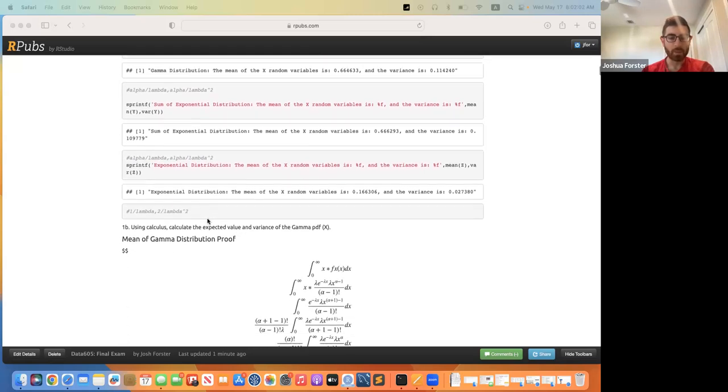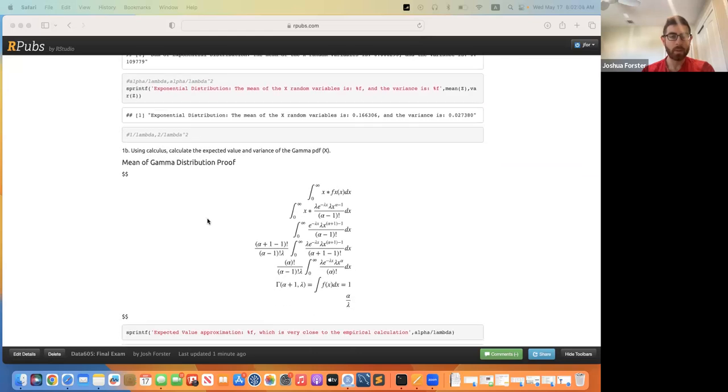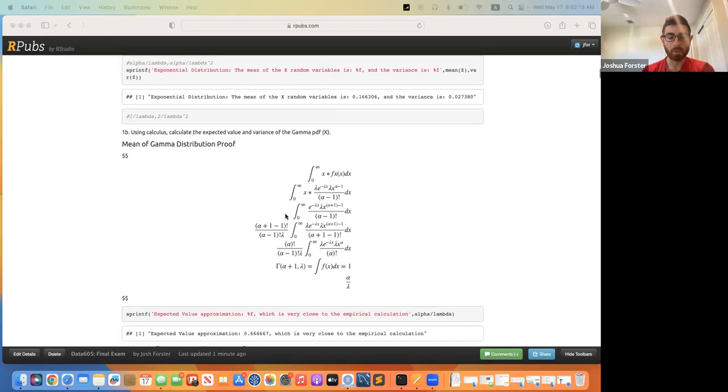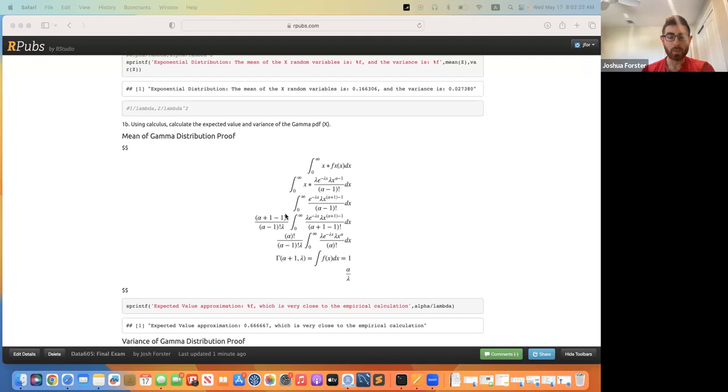And then as we explore the calculus proofs in 1B, essentially the premise of taking an integral for the gamma proof, from reviewing and learning a little bit more about it as part of the final exam, is that to take an integral typically of a gamma distribution, you'd like to modify or simplify the term so that you have it itself, and you can simplify to a constant in terms of what you pulled out with the math here.